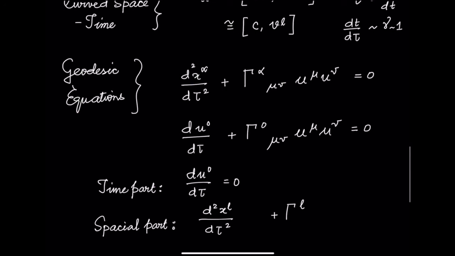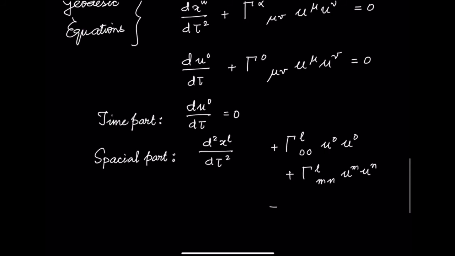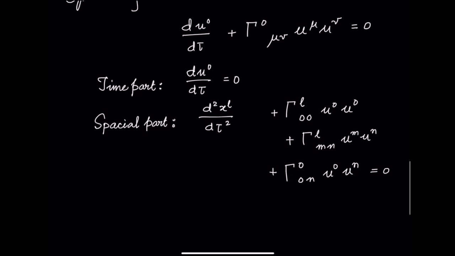So this is u0, and then I will get u0, and I can have them as the spatial components. Okay. Obviously, I can also have this type of terms. This is the entire geodesic equation.